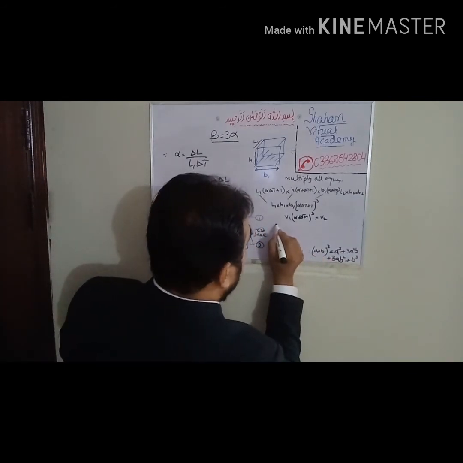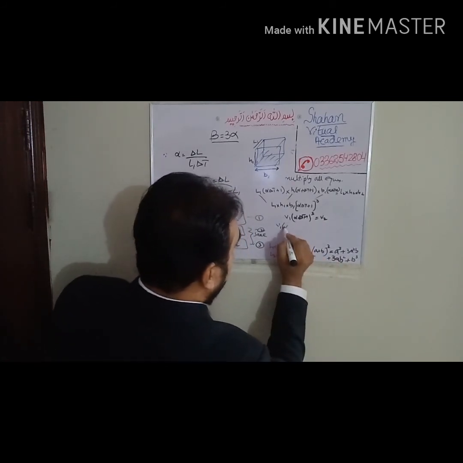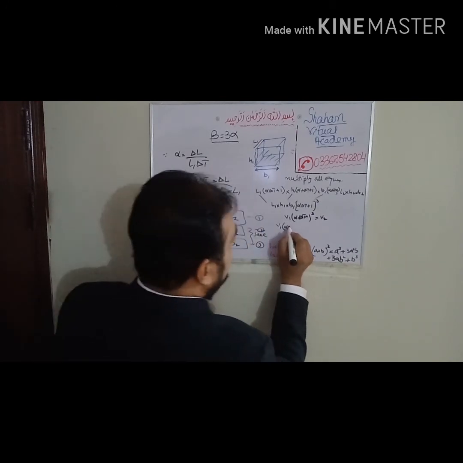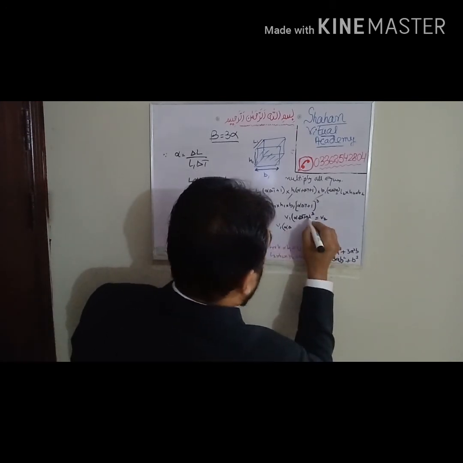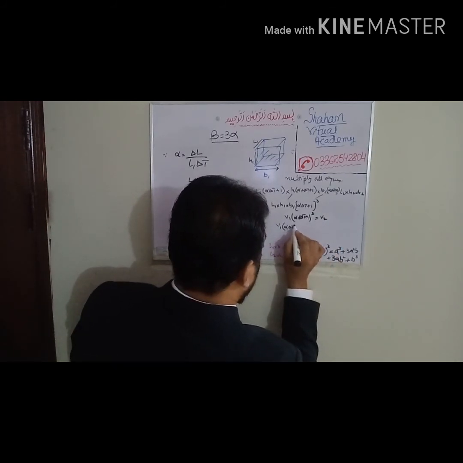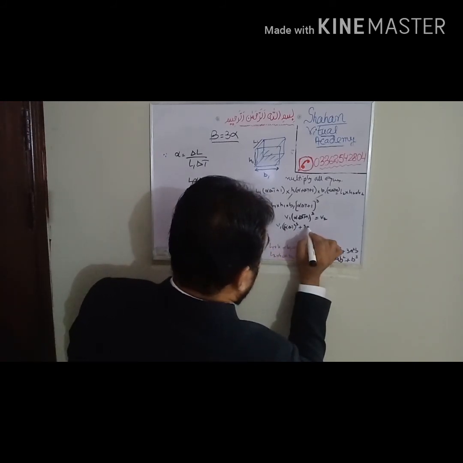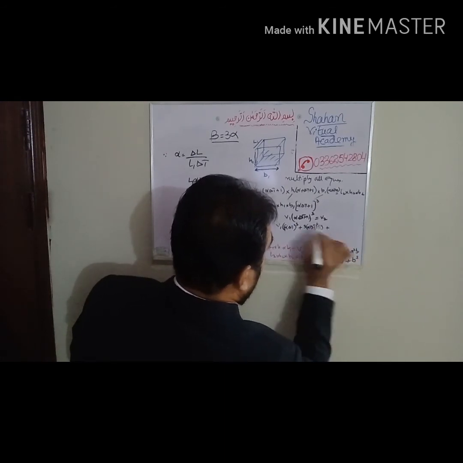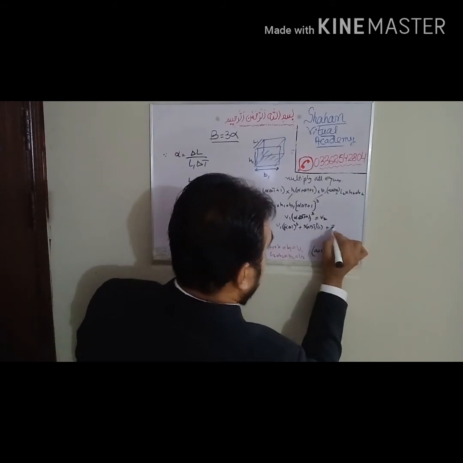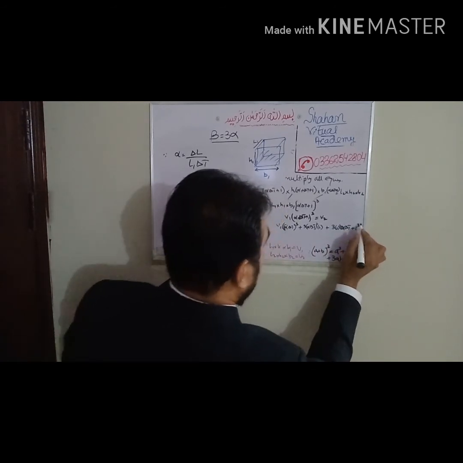So we expand the same way: alpha delta T cube plus 3 alpha delta T square times 1, plus 3 times 1 square times alpha delta T, plus 1 cube, is equal to V2.